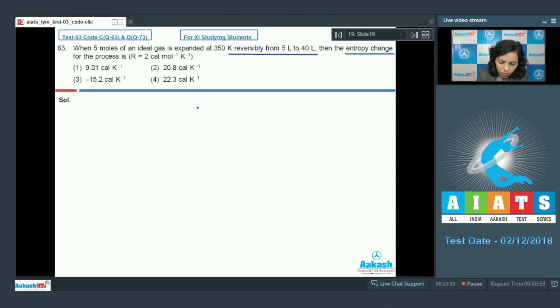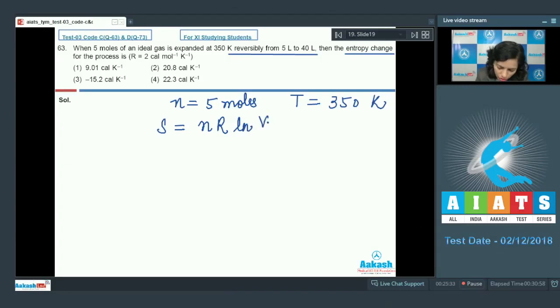And in this case, the value of n you have, that is 5 moles. Temperature is 350 Kelvin. And the volume change is also given from 5 liter to 40 liter. R value is also given. So we should know that if we talk about the S value, that is equal to nR ln V2 by V1.